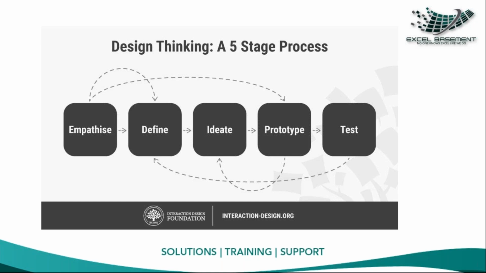And I hope you have heard about thinking outside the box. So all the ideas which are very different, which are unique and outside the box, are the third stage of this design thinking 5 stage process.